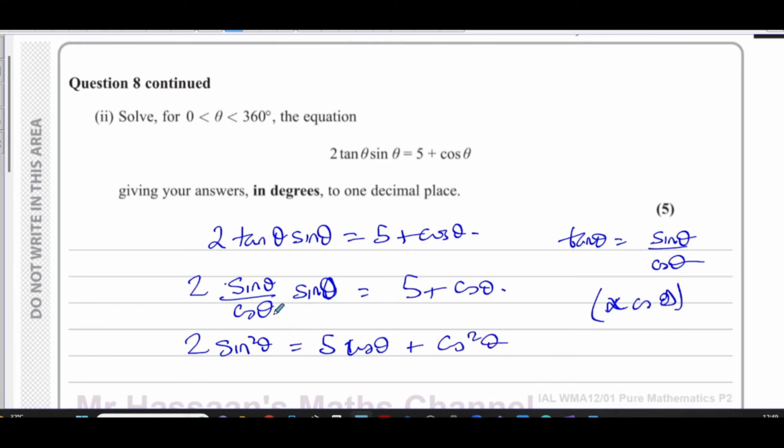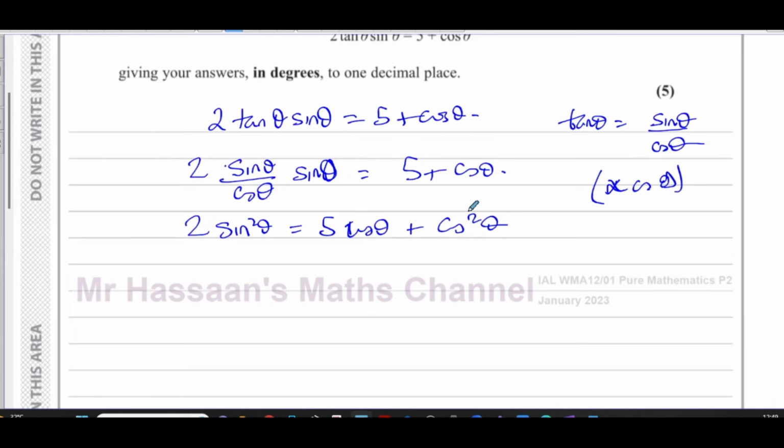Multiply by cosine theta, that becomes 5 cosine theta plus cosine squared theta. Now we see an equation which has sine squareds and cosine squareds in it. But one of the terms is 5 cosine theta. So I want to write this equation such that it's in terms of just one ratio, either sine or cosine. It doesn't matter about the squared.